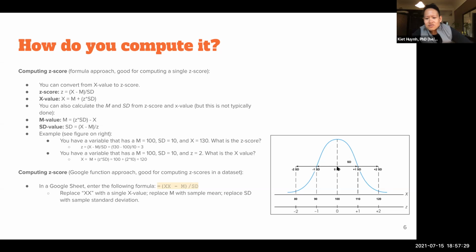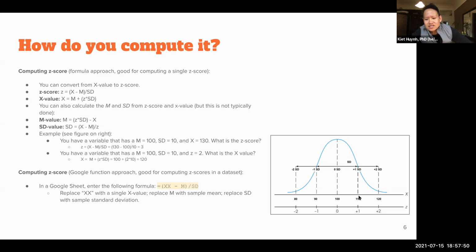So you see here, at the mean of 100, the standard deviation is 0. When the standard deviation is 10, so if you add 10 to the X score, you get 110. That means you have one standard deviation.